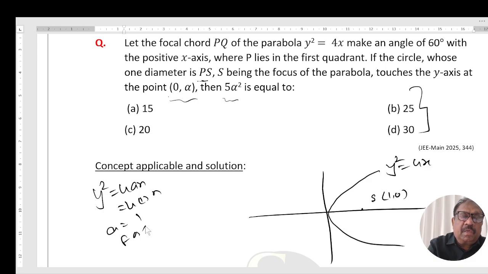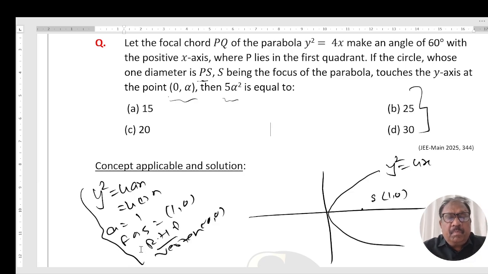Focus S is (1, 0). Nature is a right-handed parabola. Vertex is the origin. All four types of parabola have been discussed in the very basic of parabola, which you can go through on the YouTube channel. This is the origin, right?